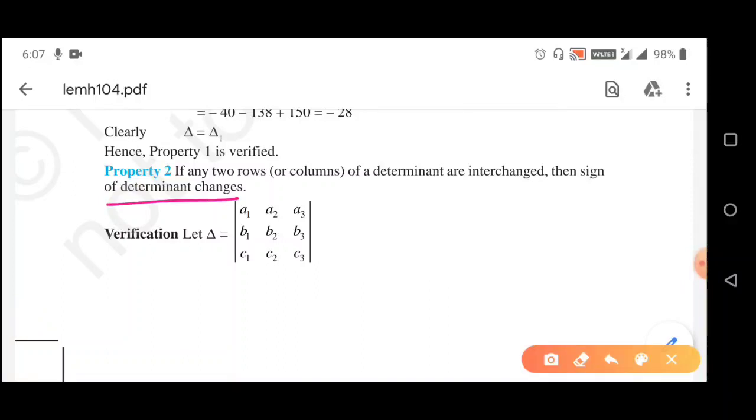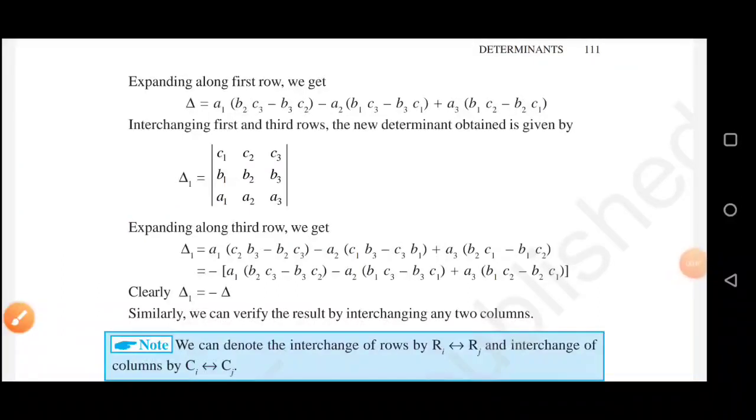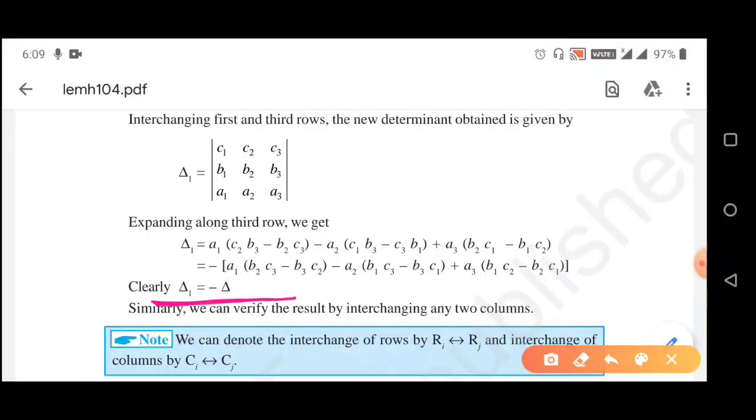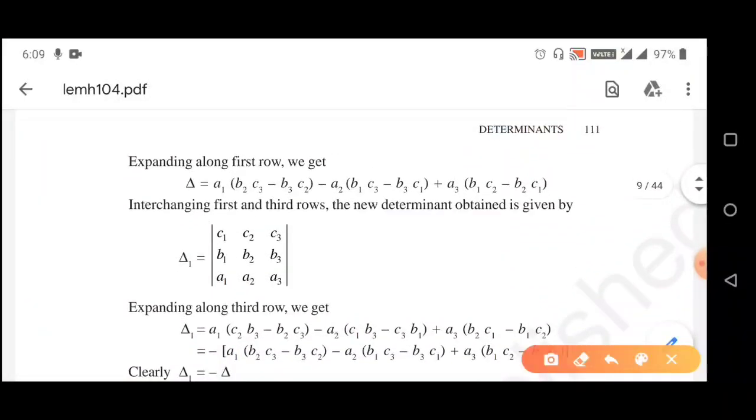Let's see. After expanding the determinant, we get that here the sign is changed. The value will remain the same, only the sign will change. Here it is negative, but here it was positive.